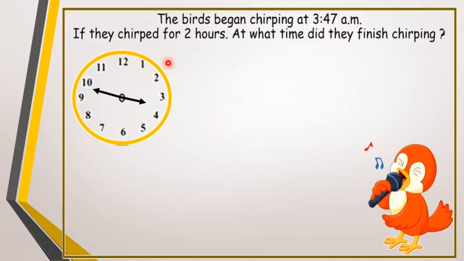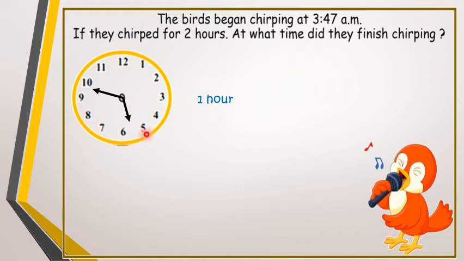Now I want to see when they finished. They finished 2 hours after this time. So I will move only the hour arm, the short arm. So I will move it 2 hours. It was between 3 and 4, so a whole hour will be between 4 and 5.